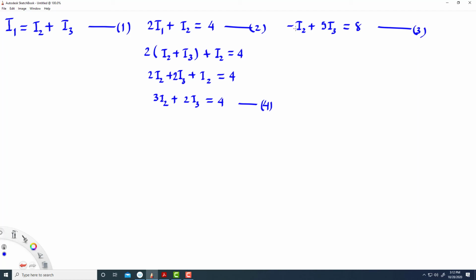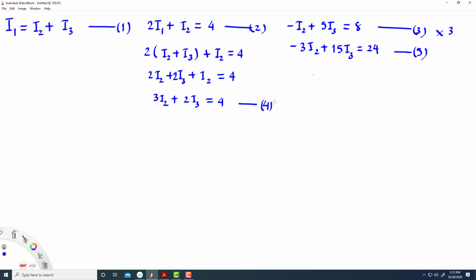For that, let's multiply equation 3 by 3. That will give us negative 3I2, 3 times 5 is 15I3, and 3 times 8 is 24. Let's call that equation 5.